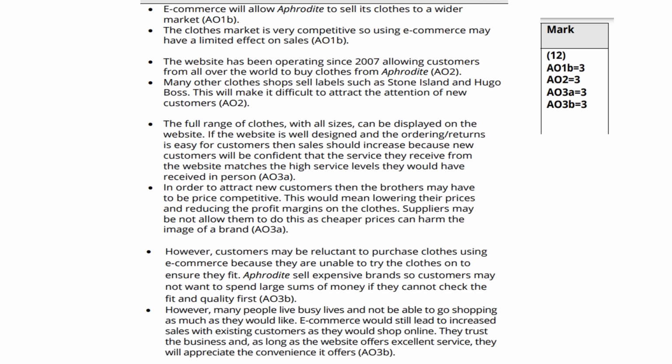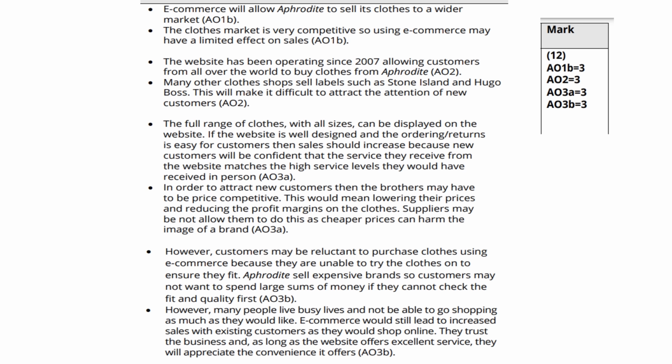This will make it difficult to attract the attention of new customers. The full range of clothes with all sizes can be displayed on the website. If the website is well designed and the ordering and returns are easy for customers, then sales should increase because new customers will be confident that the service they receive from the website matches the high service levels they would have received in person.